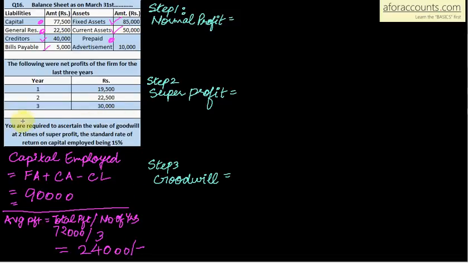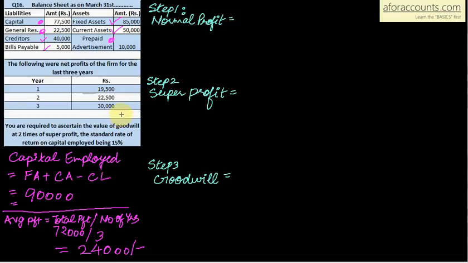Okay. You are required to ascertain the value of goodwill at 2 times super profit, meaning the number of years of purchase is 2. The standard rate of return on capital employed being 15%, meaning the normal rate of return is 15%, as it is given in the question.